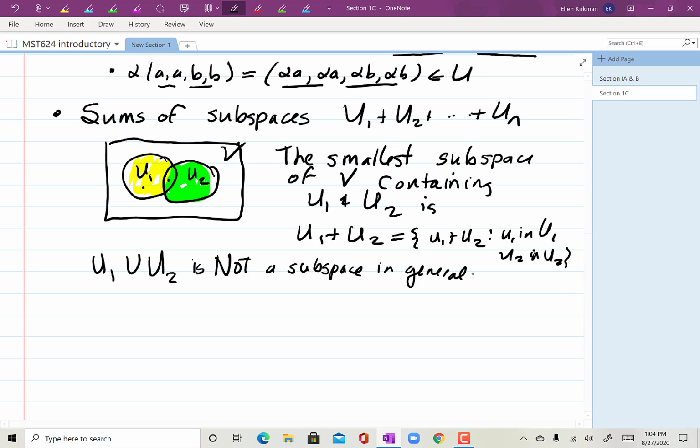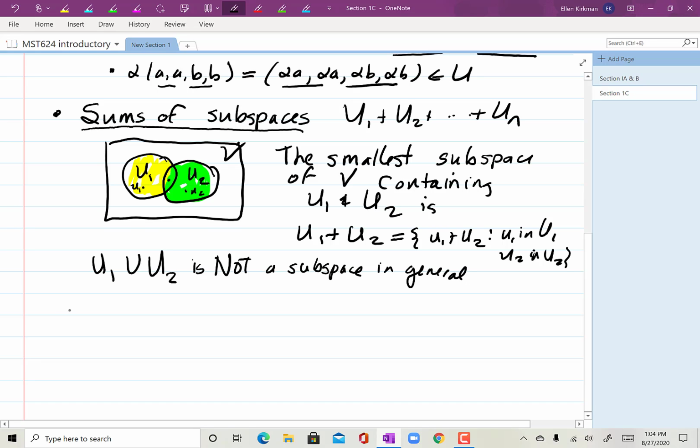The reason it's not a subspace in general is if I take something here and then I take something over here and add them, there's no reason that it has to be in either place. So that's why I have to look at the set of sums. If I just were to take the union, those are the things that are in one or the other. And if I add these 2 different things, the sum doesn't have to be in either place. So that's the sum of subspaces.